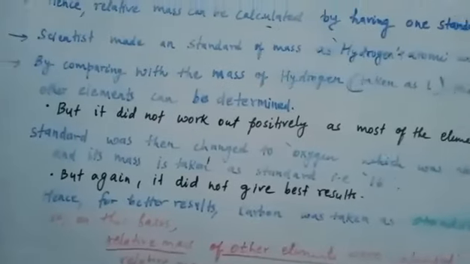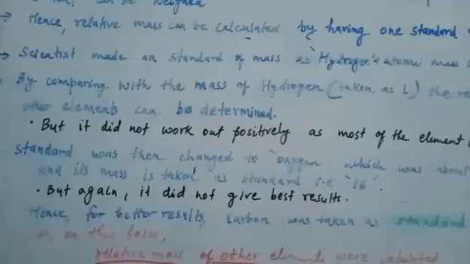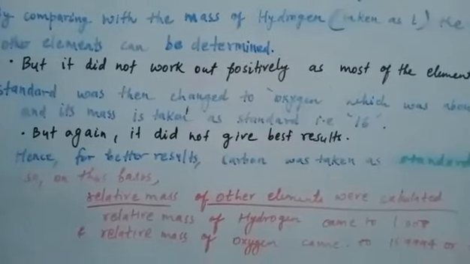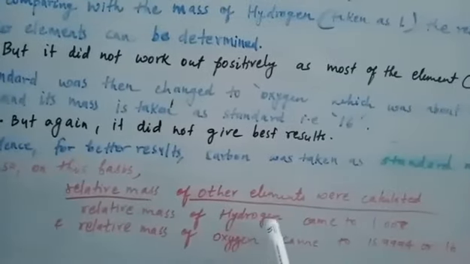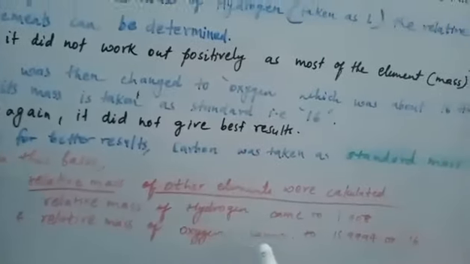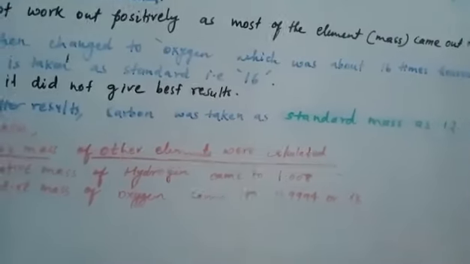Okay, so on that basis, that means on keeping the standard mass as carbon 12, they started calculating the relative mass of other elements, and they found that the relative mass of hydrogen came to 1.008, and the relative mass of oxygen came to about 15.9994 or 16.